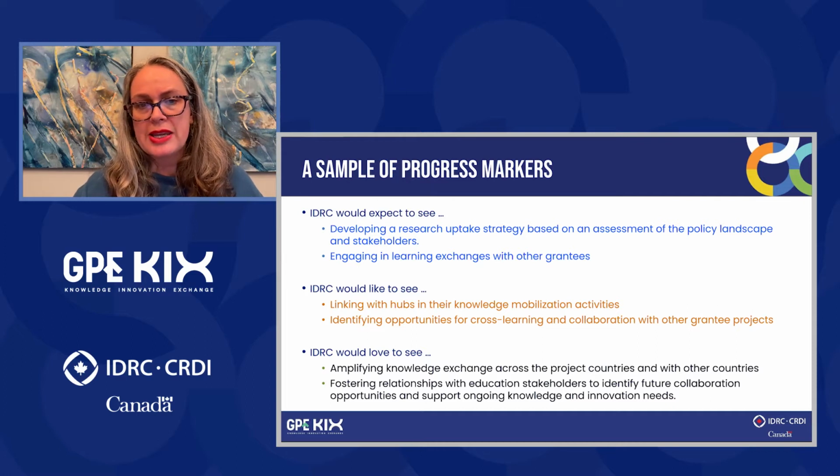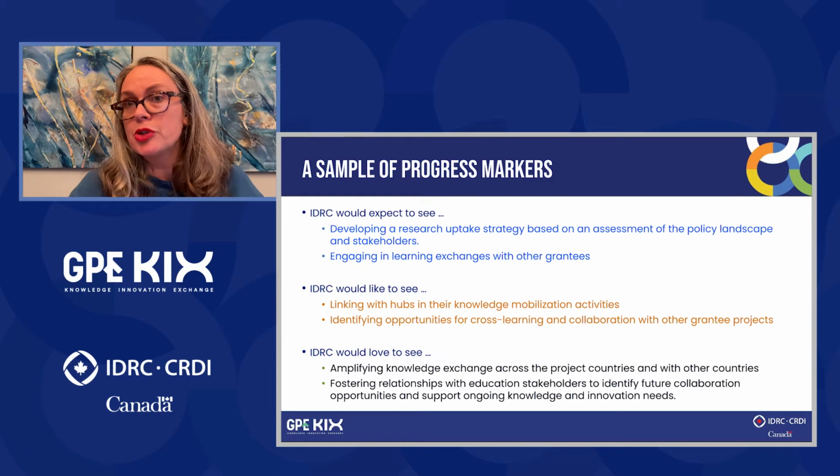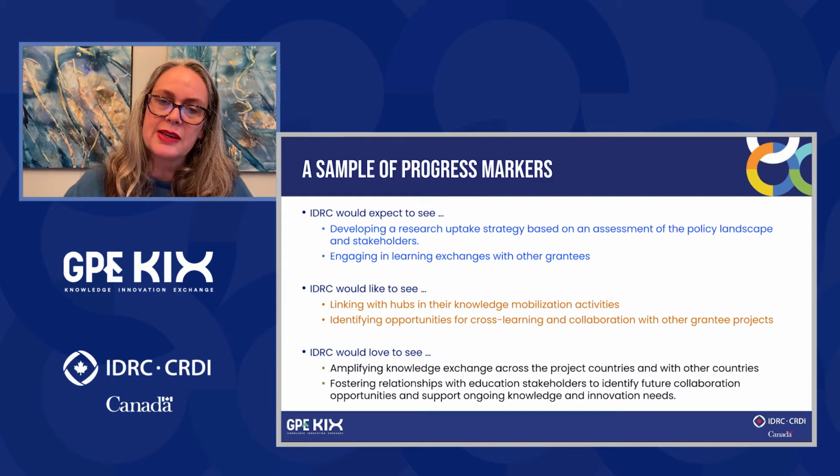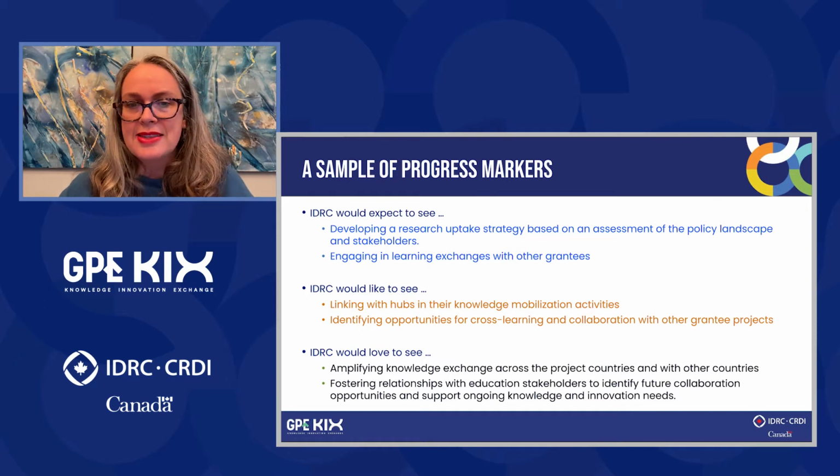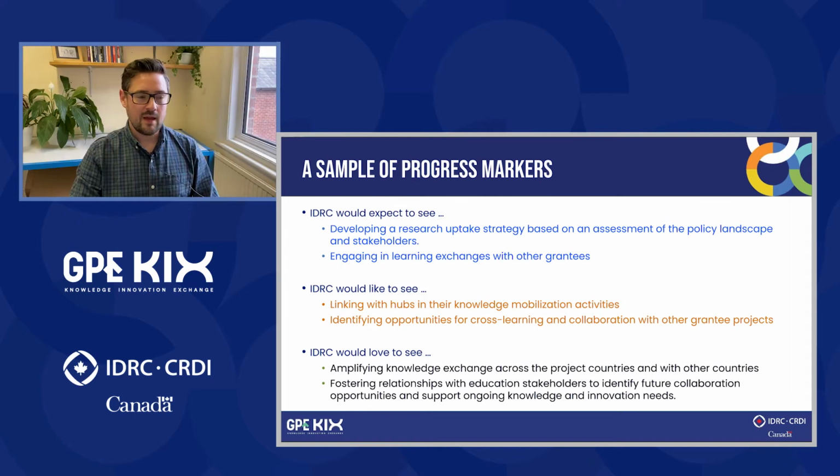So the 3 categories here, the expect to see, the like to see, and the love to see, represent that progression of change and that deeper transformation that KIX hopes that research teams will have as they engage with the KIX program over the 5 years. Next slide, please. Just before, can I add something?